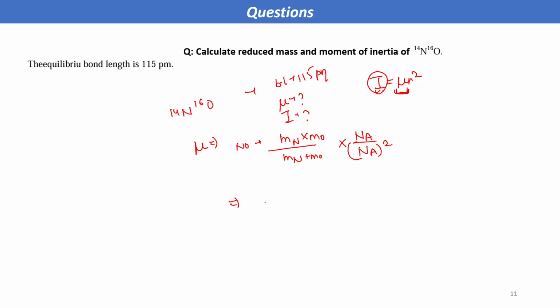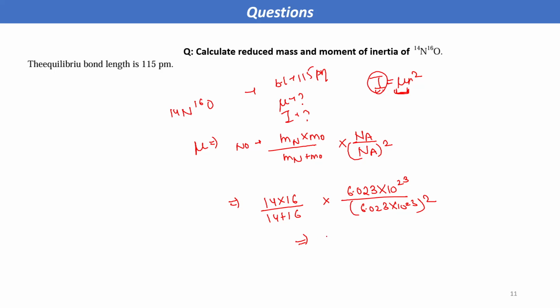So what is the mass of nitrogen? It is 14 into 16 divided by 14 plus 16 into Avogadro number, that is 6.023 into 10 raised to 23, divided by 6.023 into 10 raised to 23 whole square.